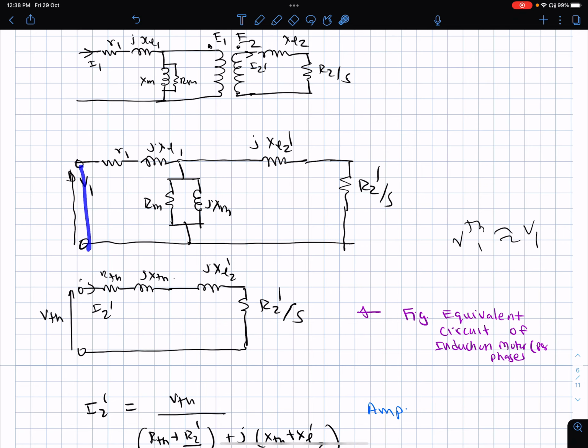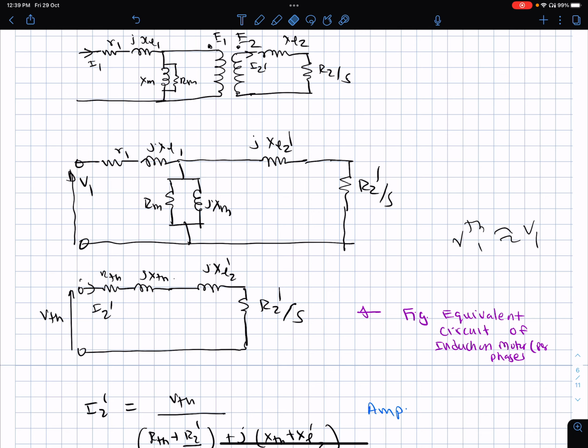Then short circuit this here and calculate the effective impedance, that is R Thevenin plus jX Thevenin. Then V Thevenin, a voltage source in series with R Thevenin and jX Thevenin, becomes the equivalent circuit of this part, to which we are connecting jXL2 dash and a load of R2 dash by S.